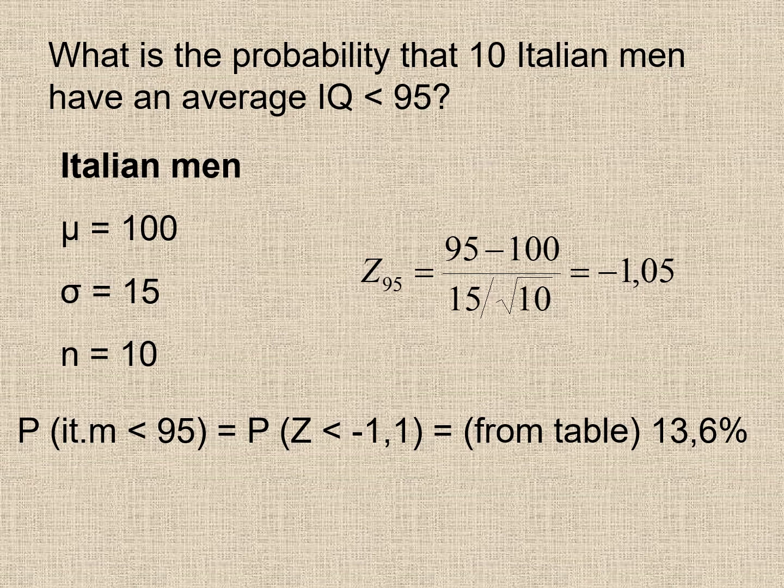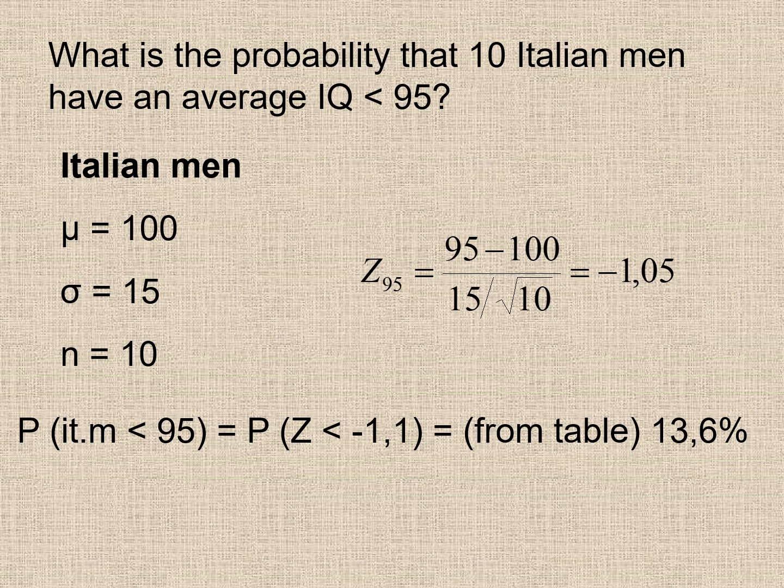So what do we do? Well, we calculate how many standard errors this value 95 deviates from the population mean of 100. So we calculate 95 minus 100 divided by the standard error, and the standard error equals the standard deviation 15 divided by the square root of sample size 10, and we receive a value of minus 1.05.